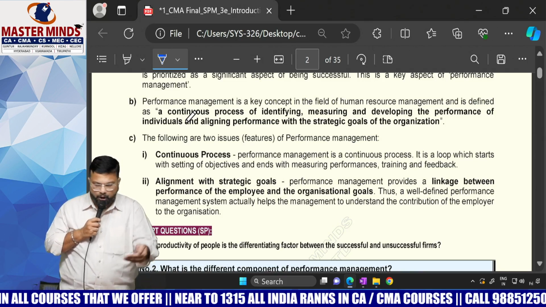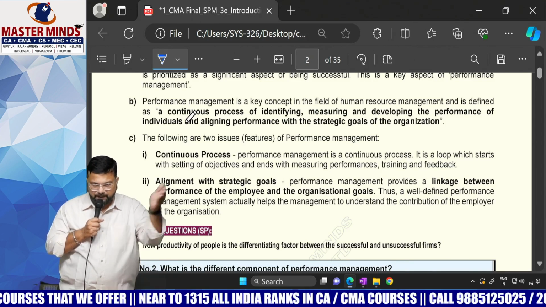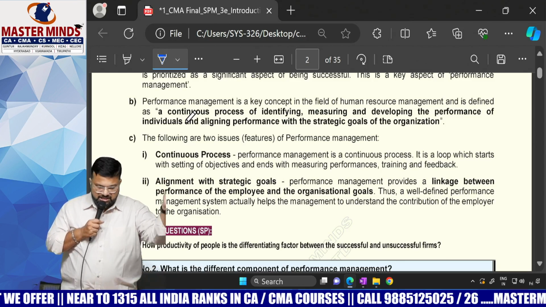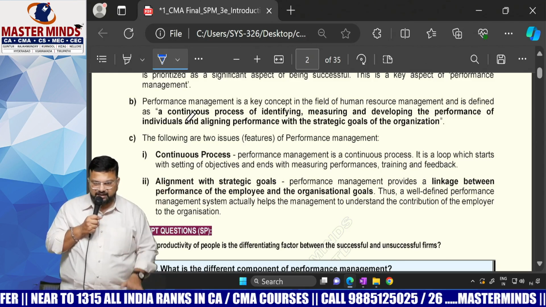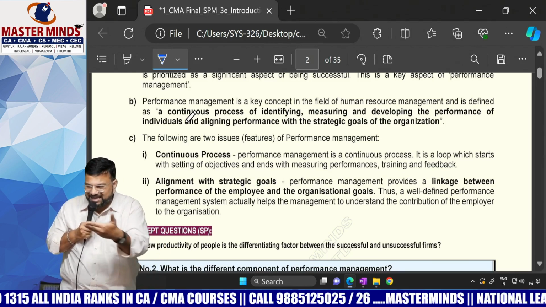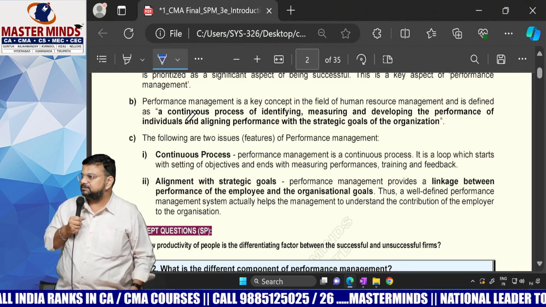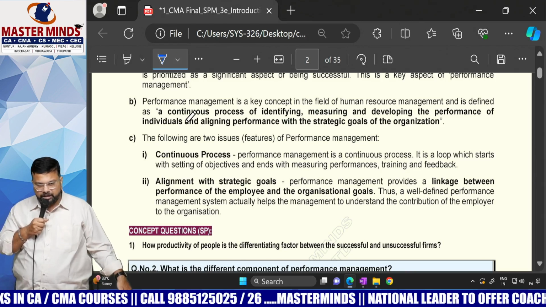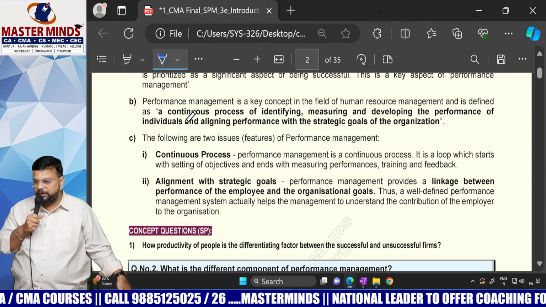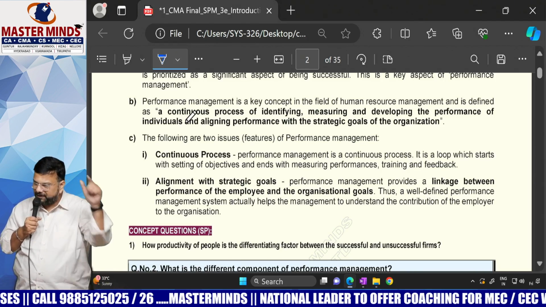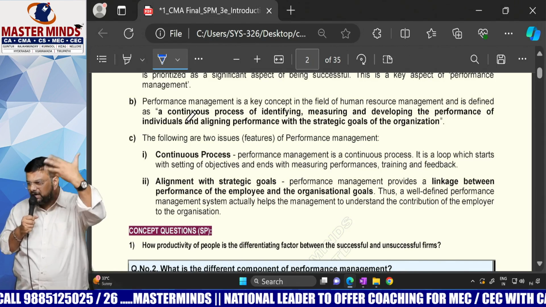Along with employees, management will decide the step-by-step procedure. Once this is defined, and once the actual work starts, management will compare the actuals with standards. And they will take the feedback. Basing on that feedback, if necessary, they will provide counseling to the employees. And it's not a one-time activity. It keeps on happening again and again because objectives keep on changing.